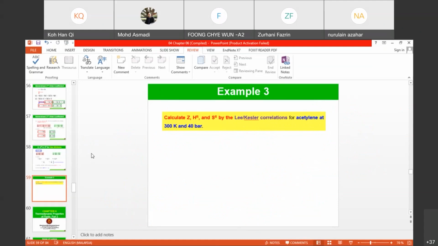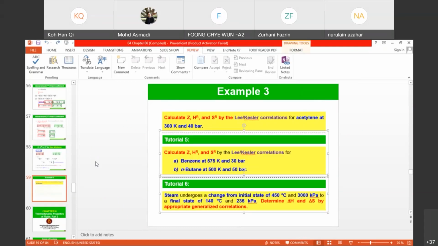Just similar to Z equal to Z naught plus omega Z prime. 255 kilopascal.